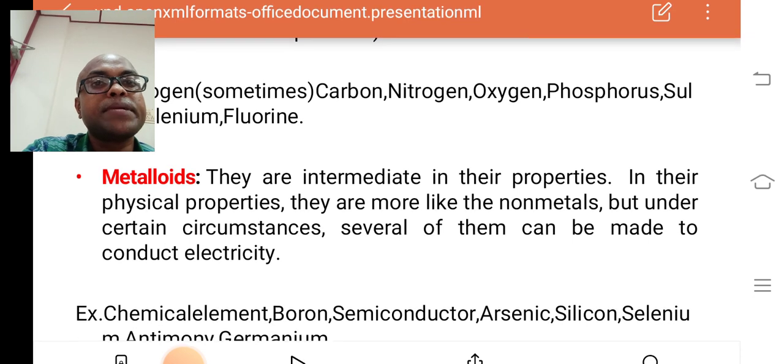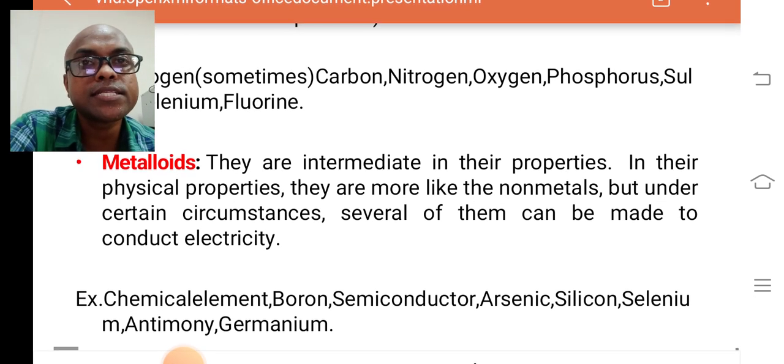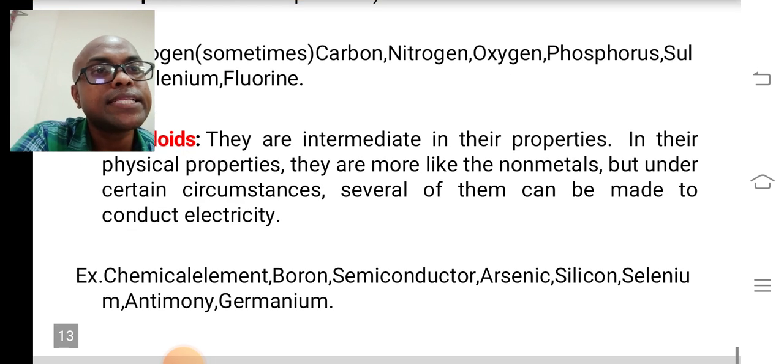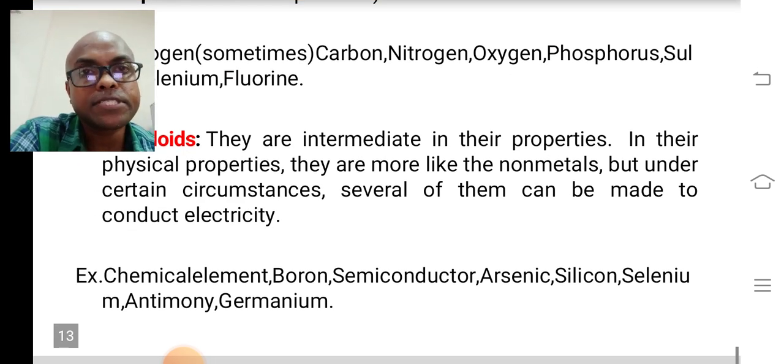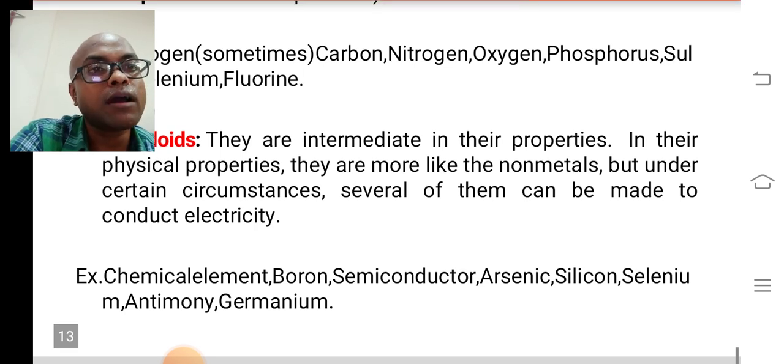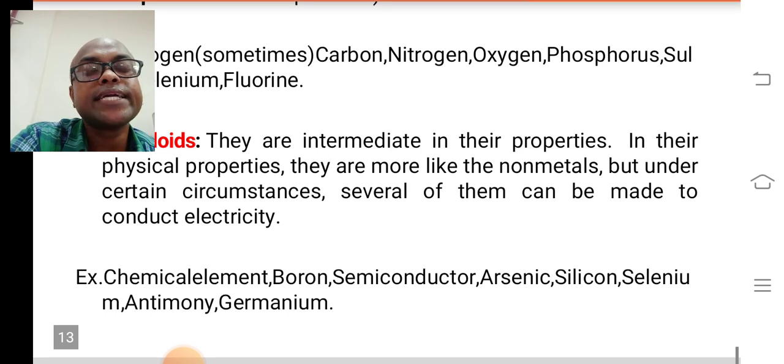One more time I repeat the metalloid characters. Metalloids are intermediate in their physical properties. They are more like non-metals, but under certain circumstances, several of them can be made to conduct electricity.